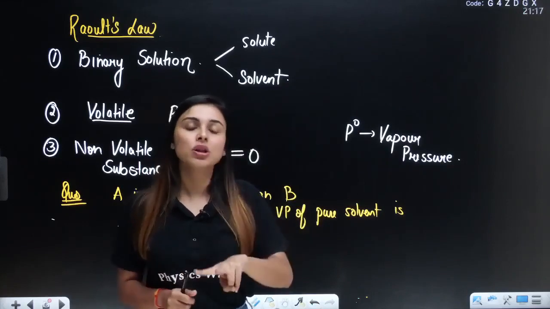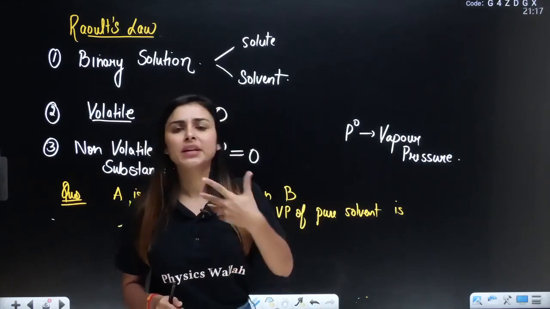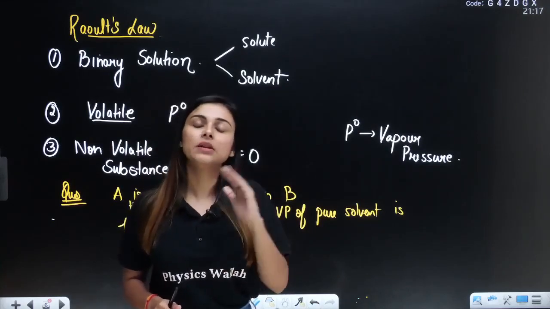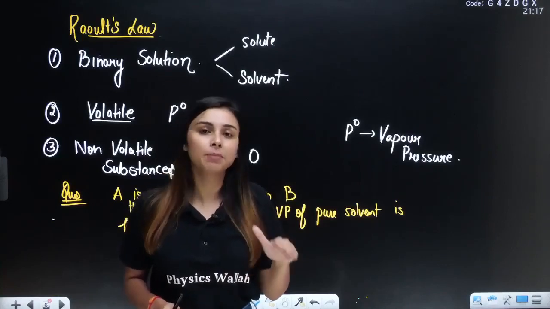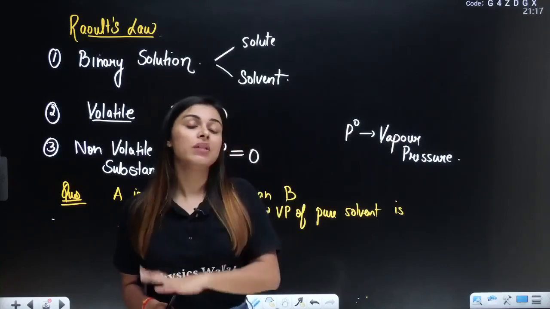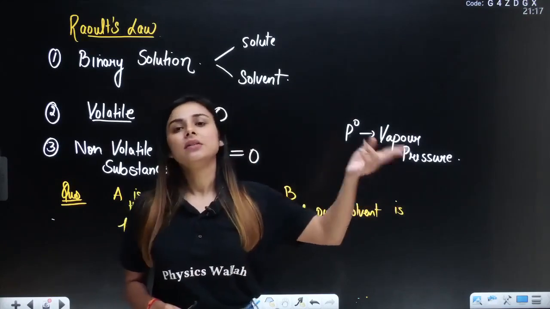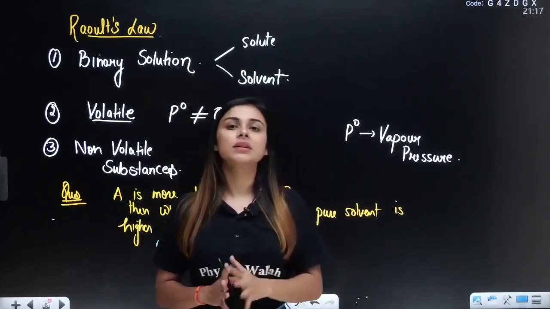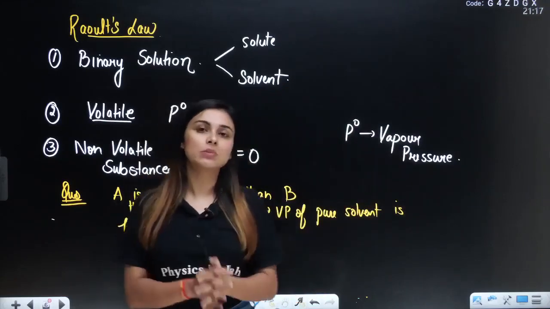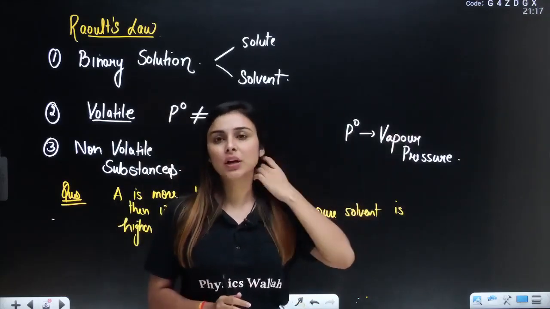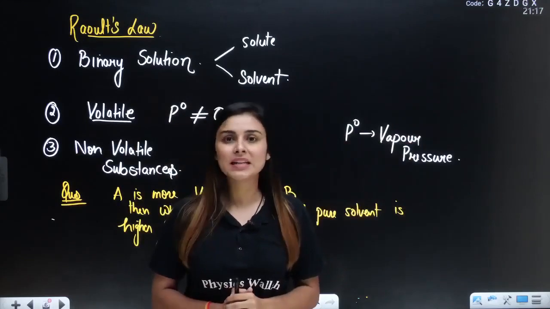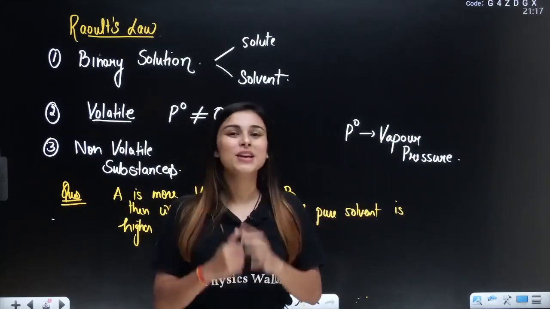One is that both the components, solute as well as solvent, are volatile. If both are volatile, it means that both will have some vapor pressures. If one of them is volatile and the other is not, that would be the second case. First we will discuss the first case only. That is the most important part, and then we'll move forward to the other part as well. Today we are going to only discuss the first case.